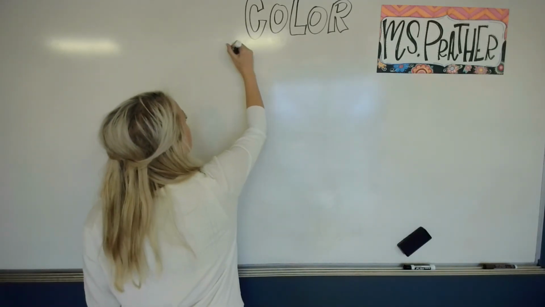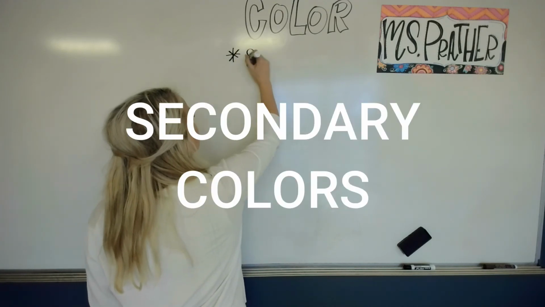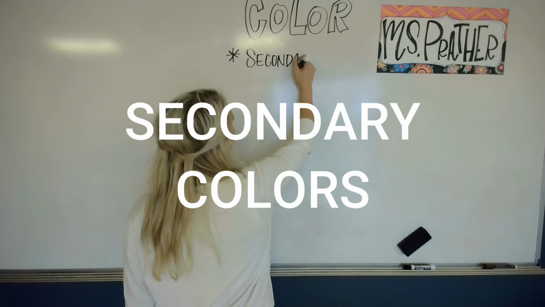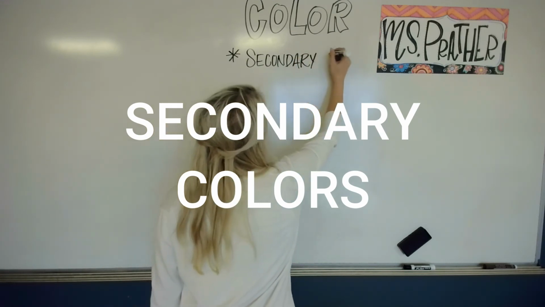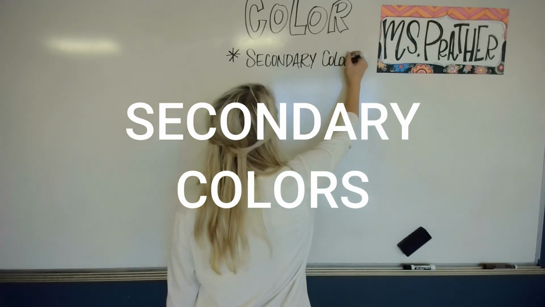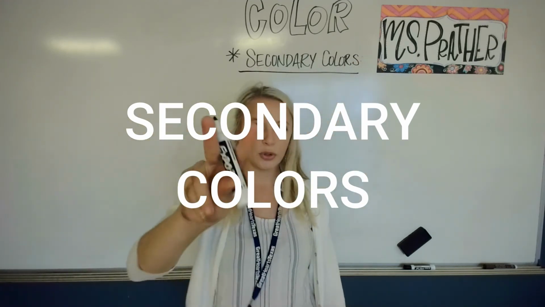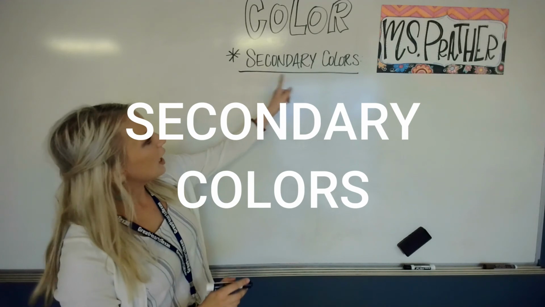Underneath that definition, I'm going to give you a new term called secondary colors. Ms. Prather, what on earth is a secondary color? I've never heard that word before. Well, you're about to find out. Spelled secondary like number 2, second, and then airy, A-R-Y.